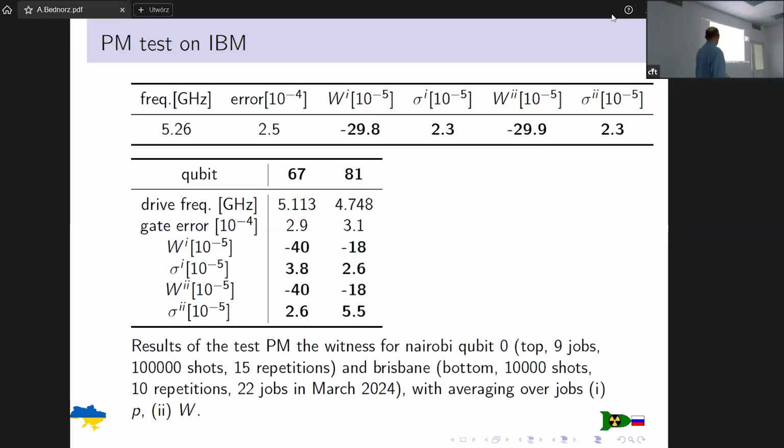So the first one is to take all jobs, all these basic units, then the probability, and then calculate the witness. The other way of calculating, which here gives exactly the same results, is to first calculate for each job, because we can assume, I hope, that a job has a single calibration.